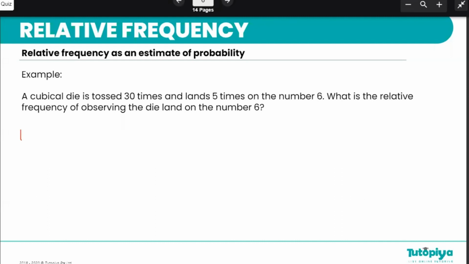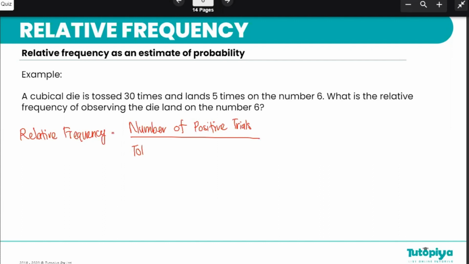So the relative frequency is equal to the number of positive trials divided by the total number of trials.